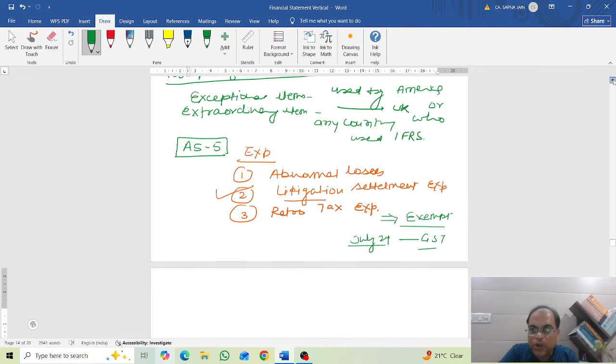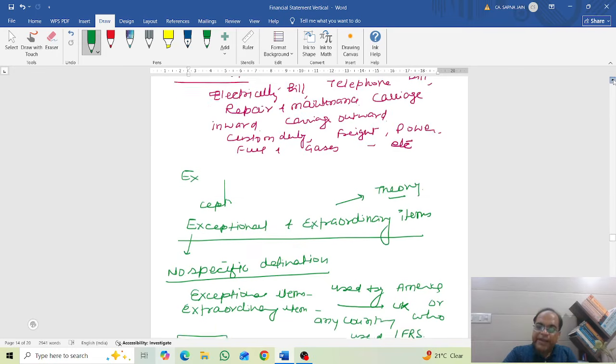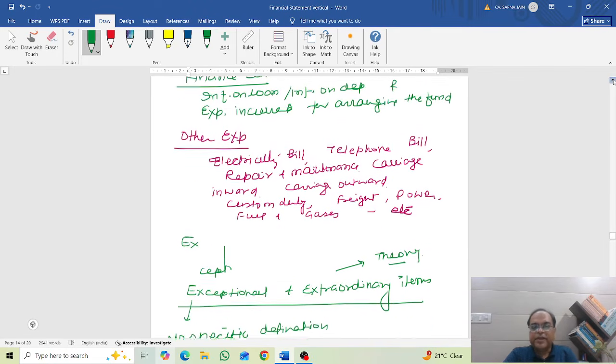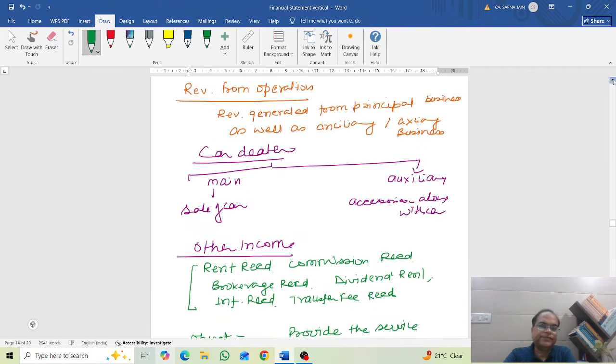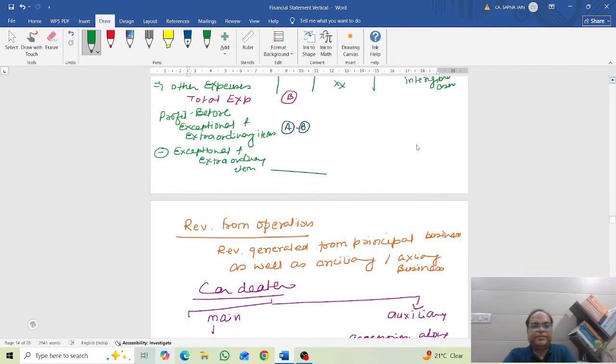So total income minus total expenses, the remaining is profit before extraordinary and exceptional item. Now we will subtract exceptional and extraordinary item.